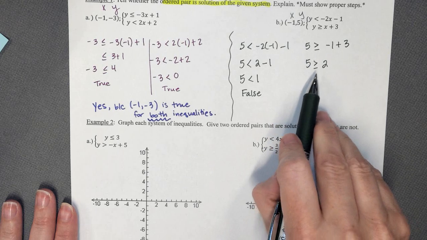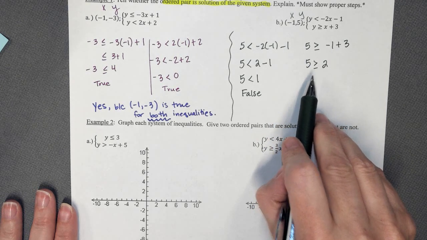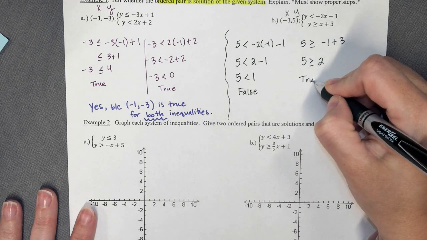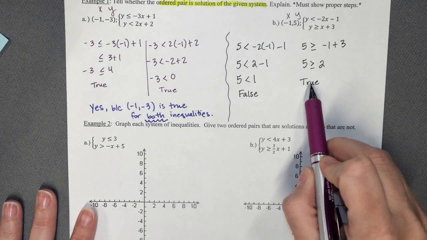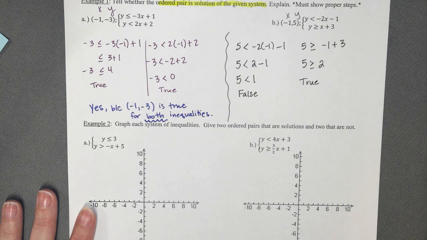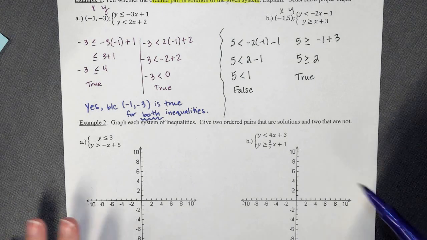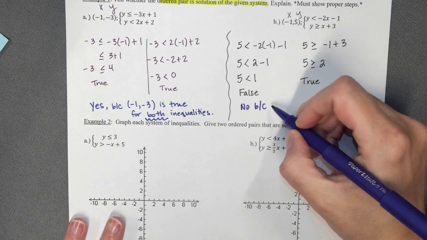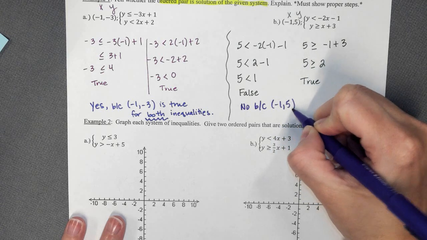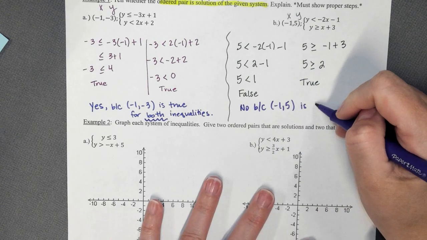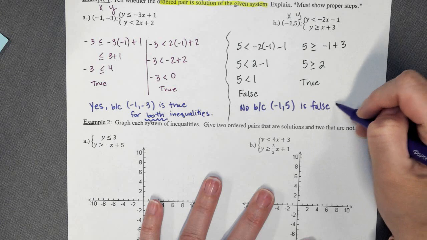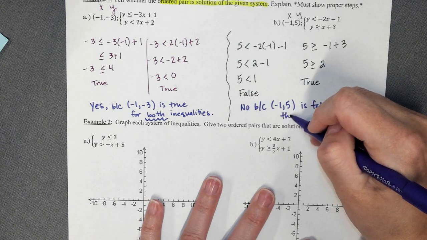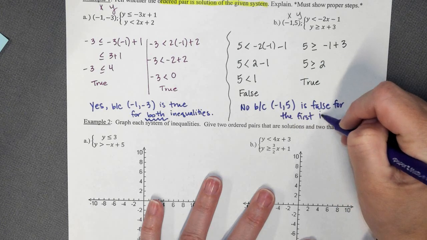Yeah, you got 5 is greater than or equal to 2, and yeah, so it's true. Okay, so if one is true but the other is false, your answer is going to be no. Okay, and that's because the point is false for the first inequality.